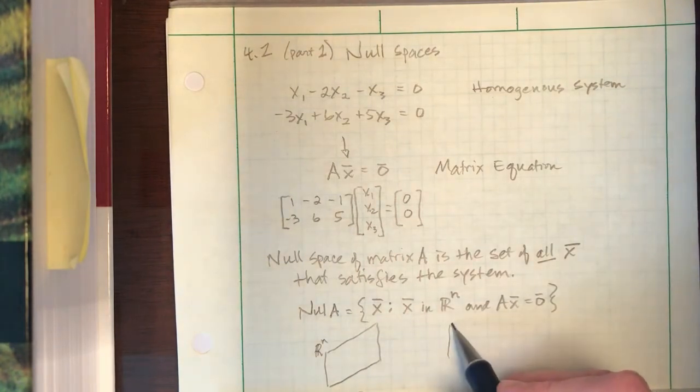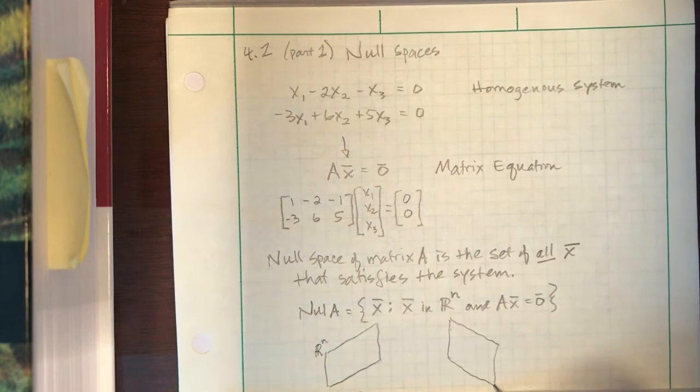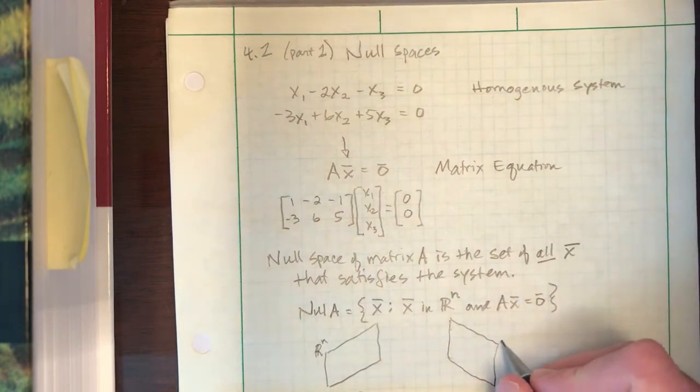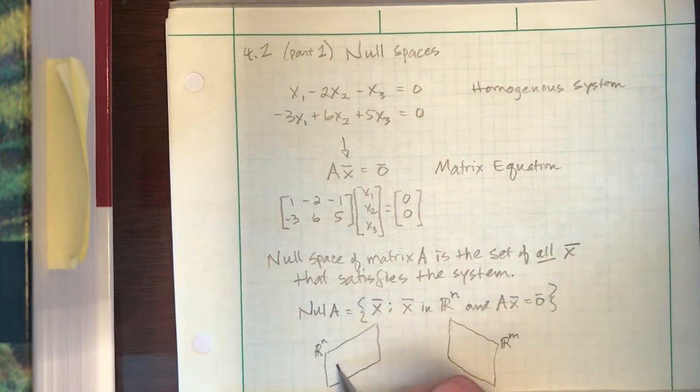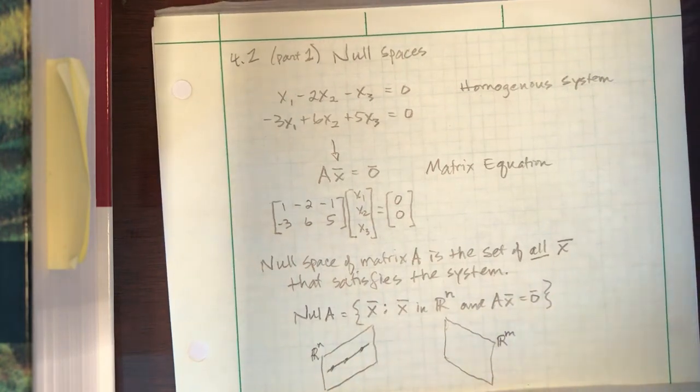And let's say I've got a similar thing over here, Rm. Inside here, I will identify some points. Let's say there is a whole set of these points that I'll put on a line. And let's even say one of those is the vector 0.